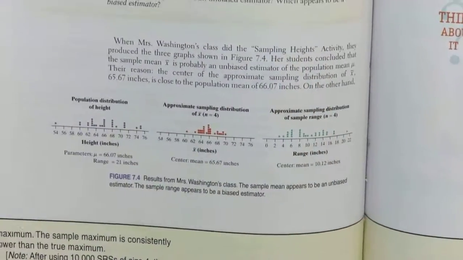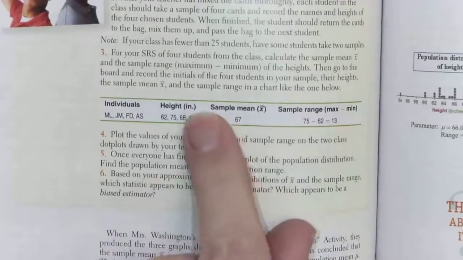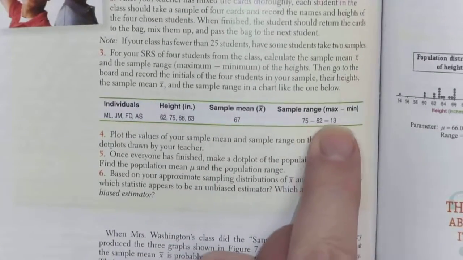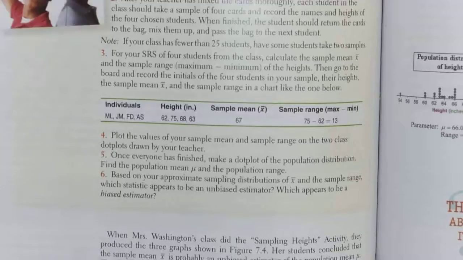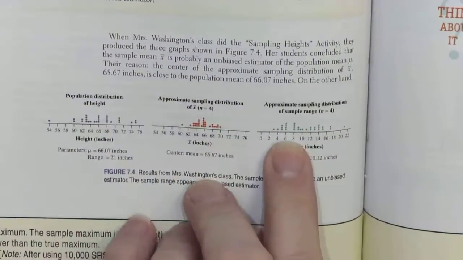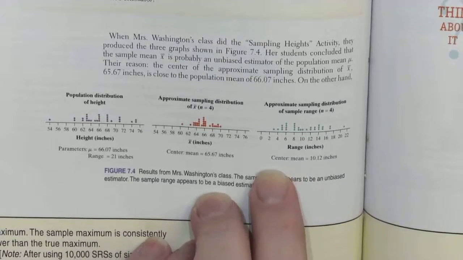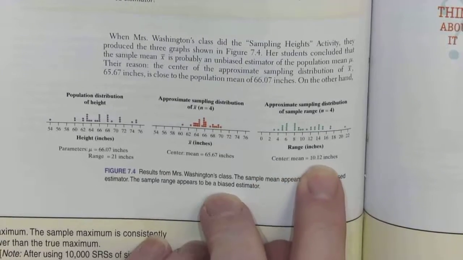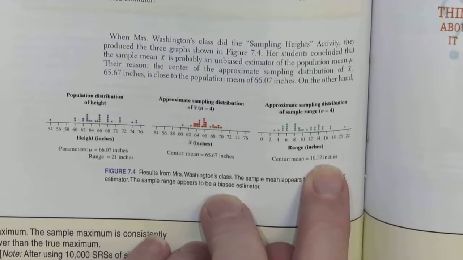Because way back up here, they not only found the mean of their sample, but they found the range of their sample. Now, this is interesting. If we look at this, the center mean is 10.12 inches.